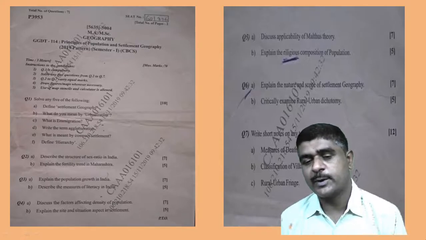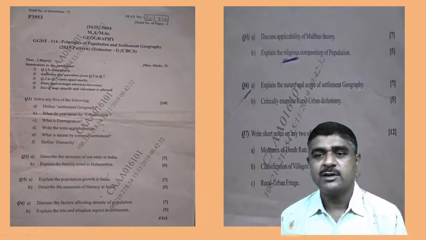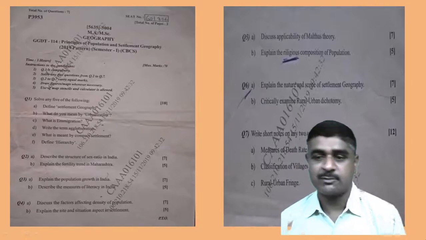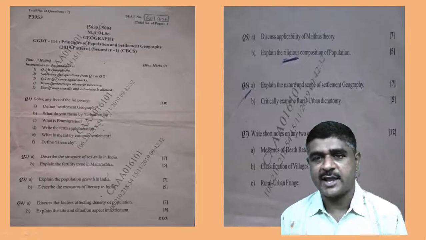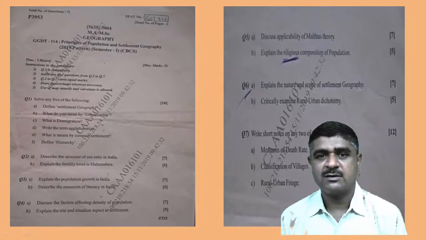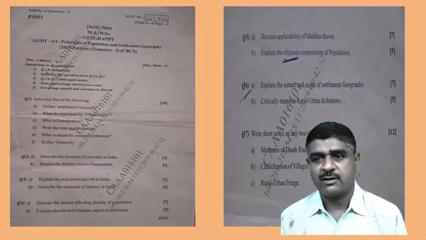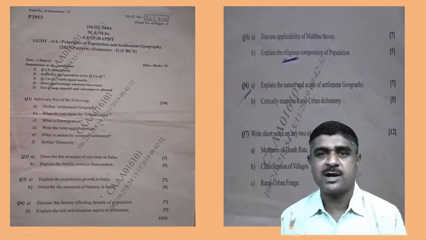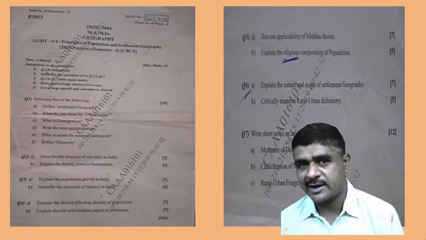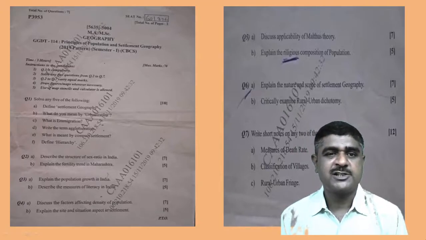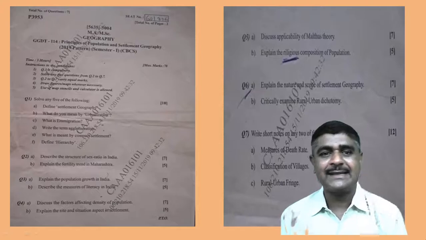Among the 3 questions, you solve any 2 sub questions and give detailed notes in 50 to 70 words. This question paper carries 70 marks. Already I explained that 30 marks is the internal mark and 70 marks is for the university exam. When you consider 70 plus 30, it is equal to 100 marks, which means Principles of Population and Settlement Geography carries a total of 100 marks.